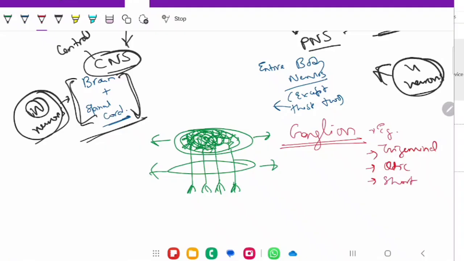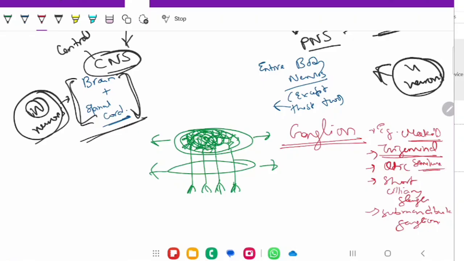Short ciliary, the famous submandibular ganglion. Now many of you must be confused about why the trigeminal ganglion, also known as Meckel's ganglion or semilunar ganglion, is called a ganglion when it is almost located in the brain.